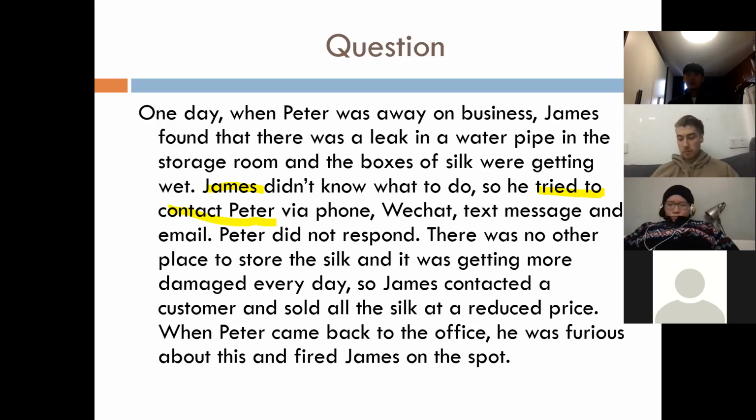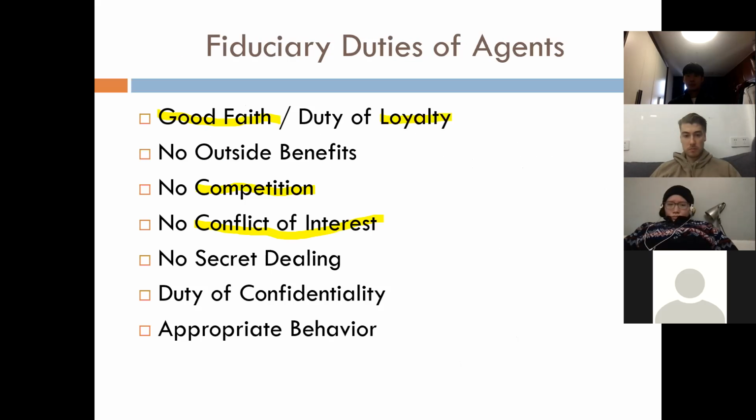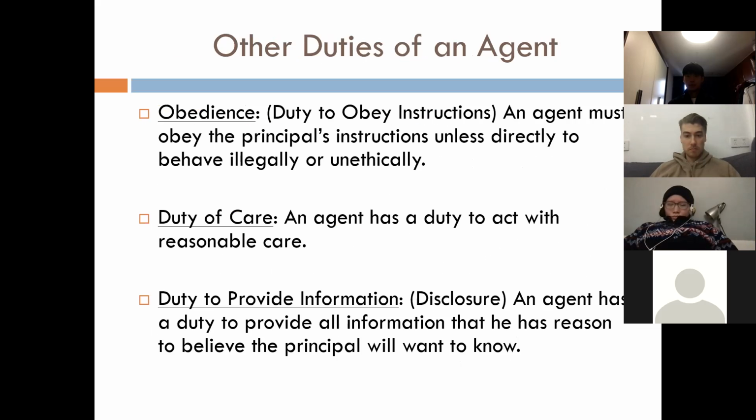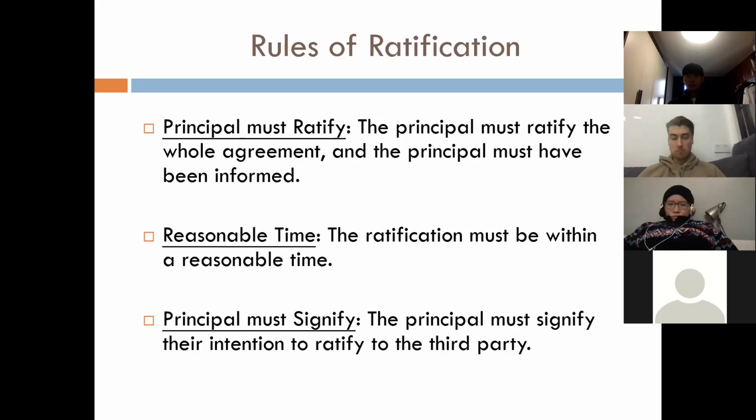This is like James acting on behalf of Peter, but I forget the legal name of it. I know that's not force majeure, but it's like Peter would have lost everything anyway.